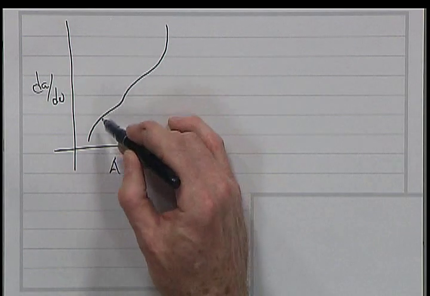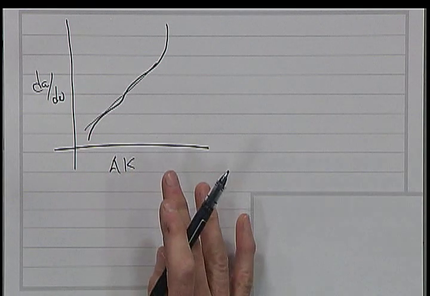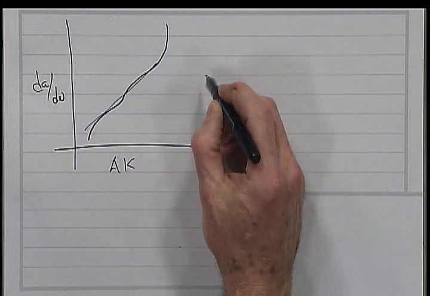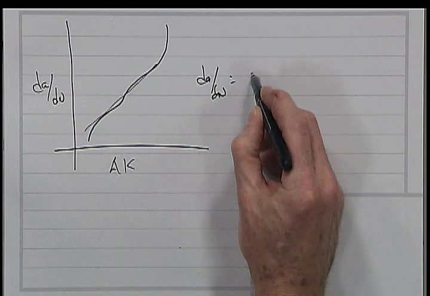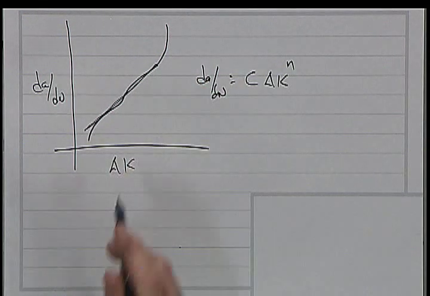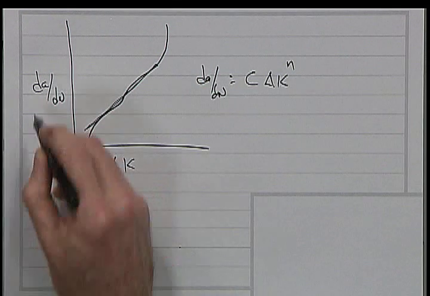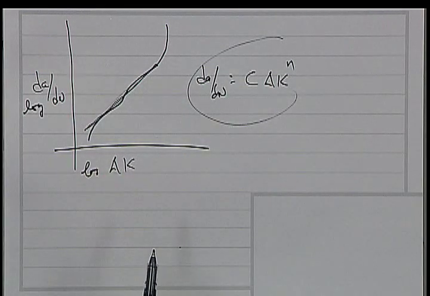A lot of times this area here is represented by a straight line in log-log scale. That's where you get the da/dN, the Paris equation, equals C delta K to the n. That's that straight line, and this is log scale over here. That's where that comes from.